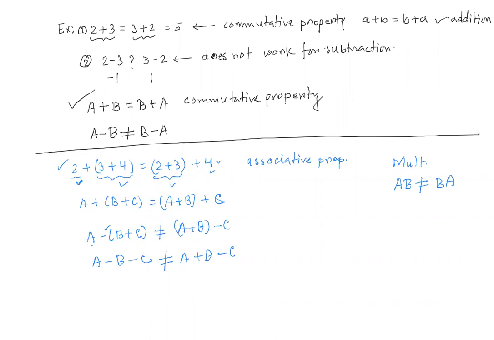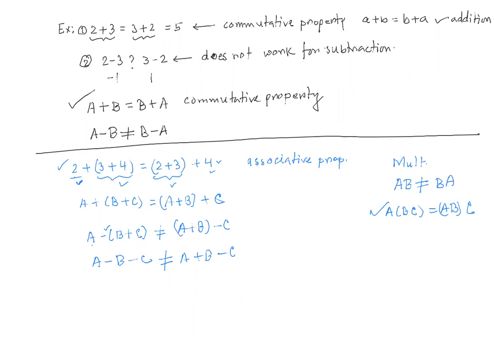However, associative property does. So that means A times B times C is the same as AB times C. Associative property for matrix multiplication holds true. Commutative property does not, but associative property does.